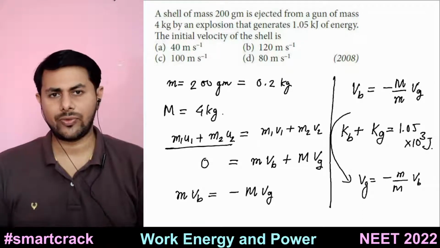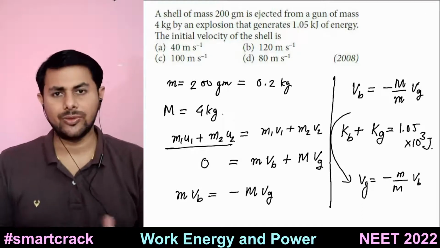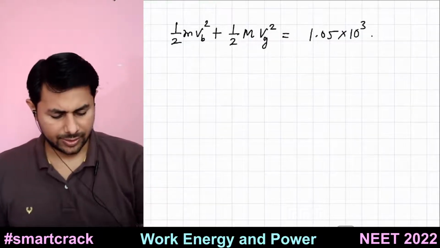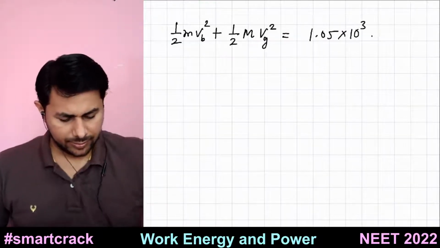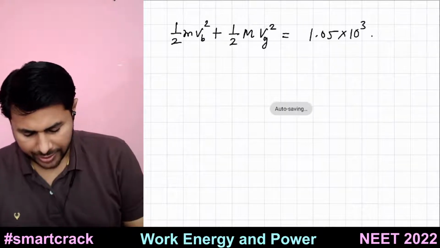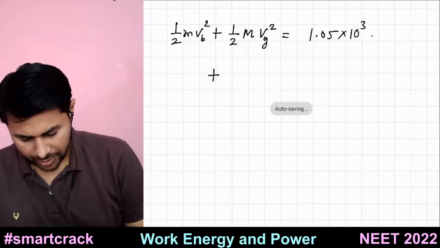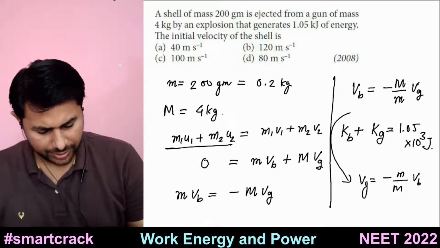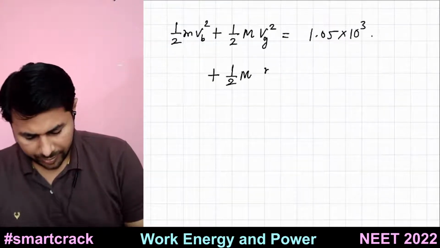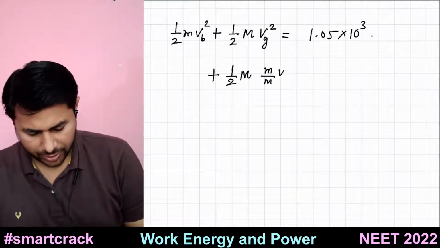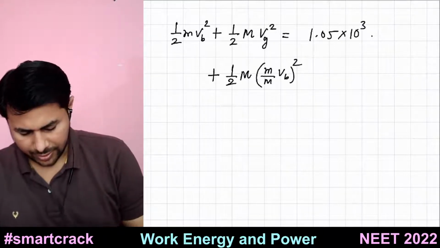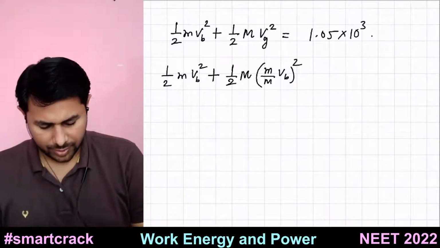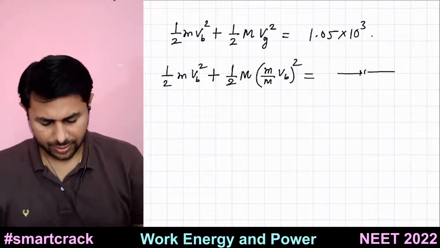Because we want to find the velocity of bullet, we'll remove the velocity of gun from all the equations. So we get half of capital M, the velocity of gun being small m upon capital M into velocity of bullet, square, plus half of m into vb square, equal to this thing.